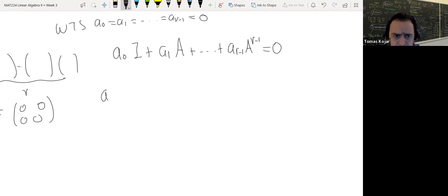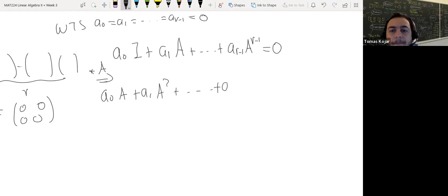Let me do it. So you have a_0 A, and we multiply by A. Now you see the last term is 0, the zero matrix, so this one is out.